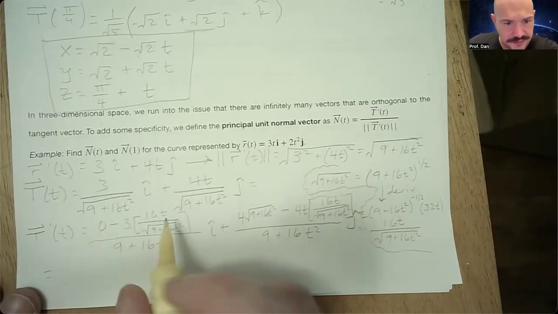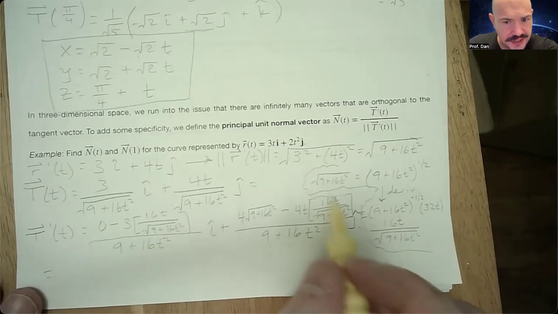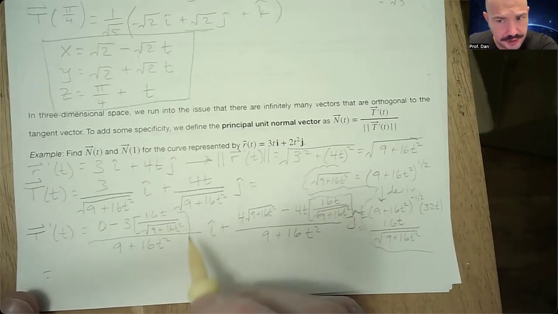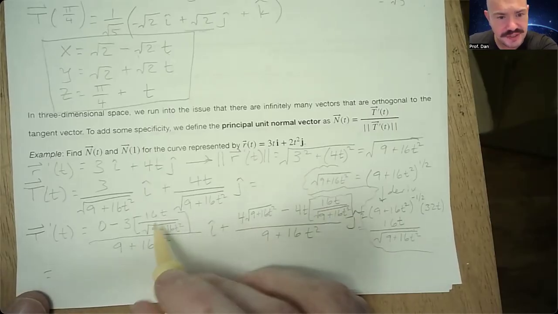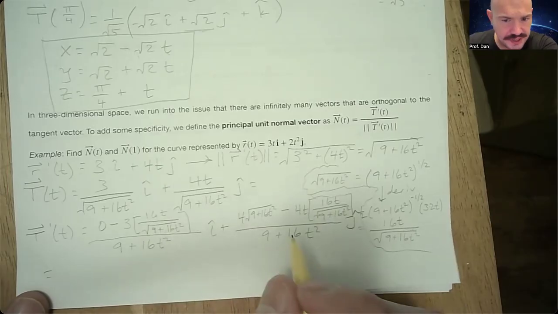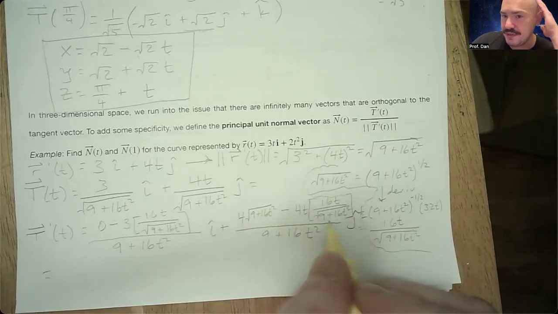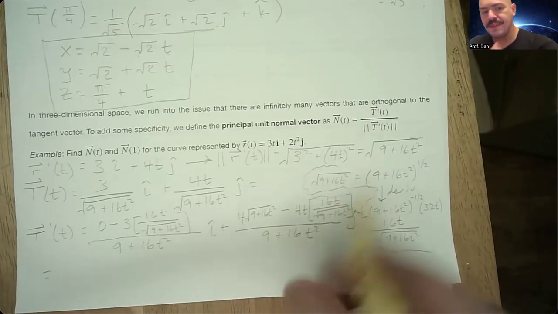So first thing, I have fractions within fractions. You see that's a fraction in the numerator. That's a fraction in the numerator. I can clear those by multiplying the top and bottom by this denominator. And what's going to end up happening is it's going to make it so that neither of these has a fraction inside of a fraction.